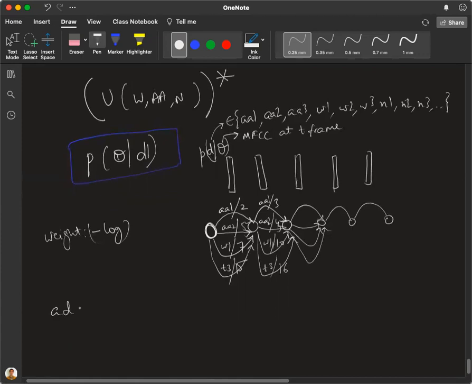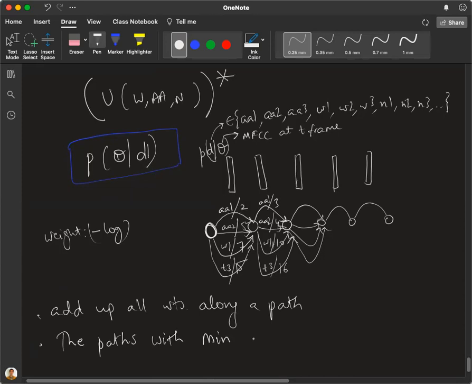You add up all the weights along the path, and then the path with minimum weight, or let's say the top 3 paths, the paths with minimum accumulated weight are chosen, basically selected, right?